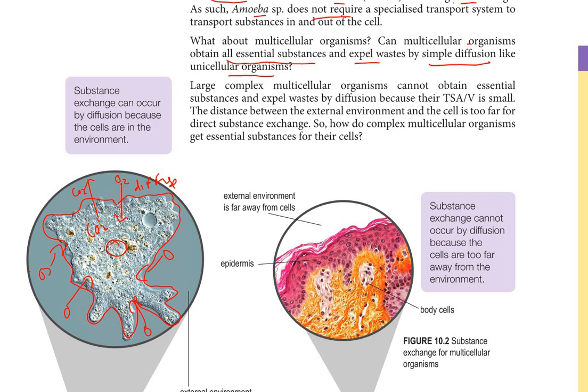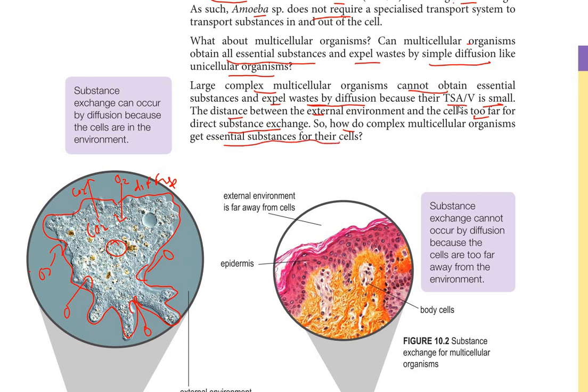The answer should be no. Large complex multicellular organisms cannot obtain essential substances and expel waste by diffusion because their TSA over V is small. The distance between the external environment and the cell is too far for direct substance exchange. So how do complex multicellular organisms get essential substances for their cells?